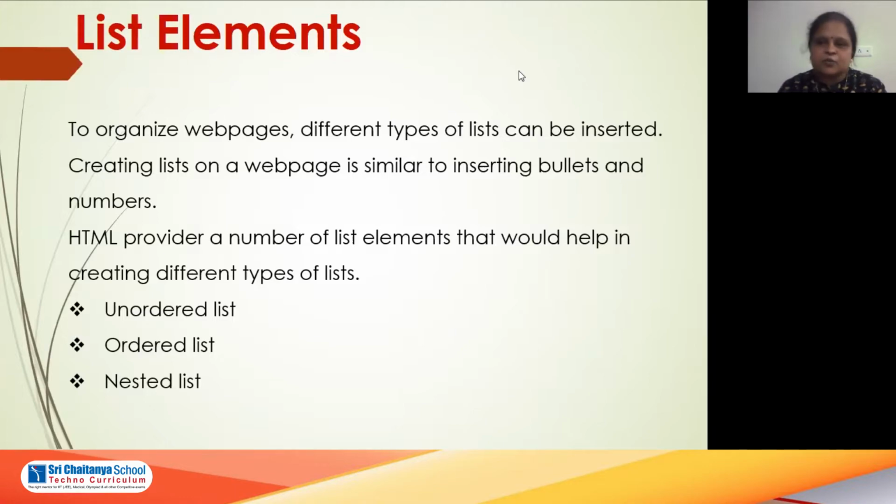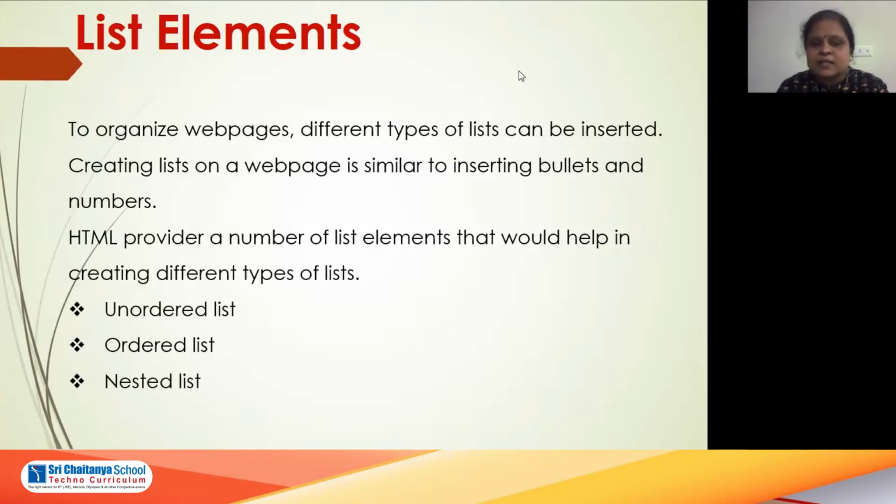If we are writing anything using bullets or some symbols, that is called an unordered list. And if we are writing a list using numbers or alphabets in a series order, then that is called an ordered list.